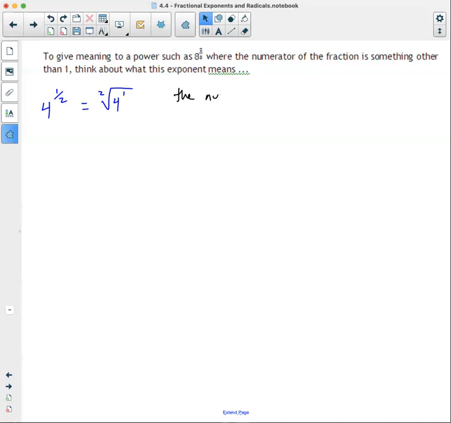The numerator of the fractional exponent becomes the exponent of the radicand.